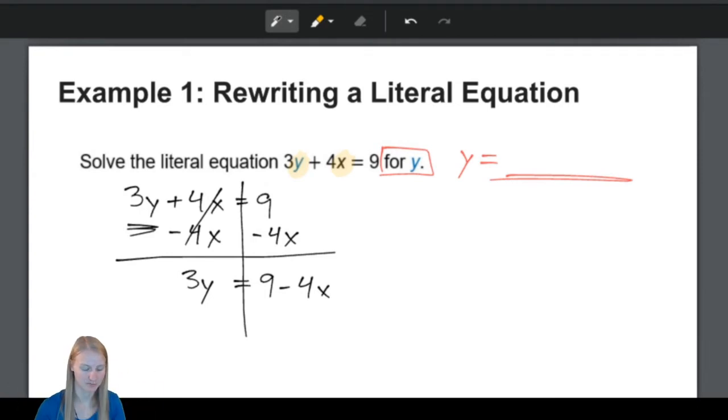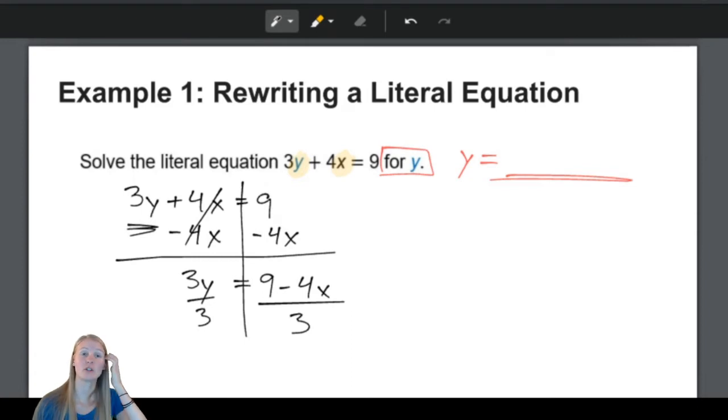Can't put them together. All right, now let's focus on our y, because that's what we're trying to get by itself. I notice that I have 3 times y. Remember, to undo multiplication, the inverse operation of multiplication is division. So I'm going to divide by 3 on both sides.